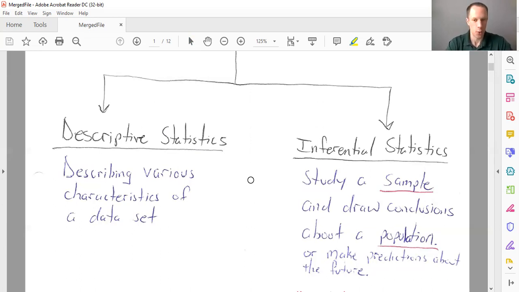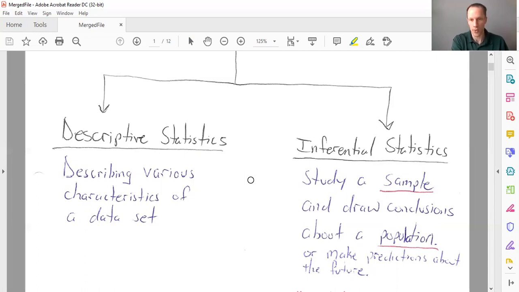Generally, populations are too big for us to study. There's just too many people or too many objects in them. It would take too much time, too much money, too much effort to study each and every person or each and every object that's in the population. So what we end up doing is we end up taking a small group out of the population and studying that small group.